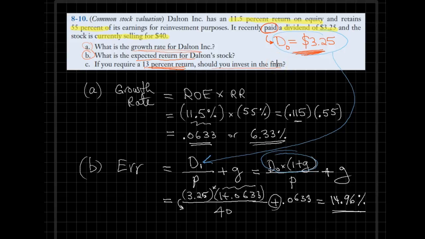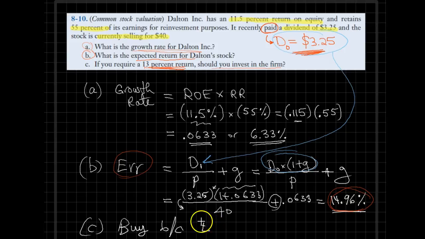Well, because the expected rate of return of almost 15% exceeds the 13% required rate of return, we can confidently say in part C that the decision is buy, because the expected rate of return exceeds the required rate of return of the investor. And that would complete our solution, and we are done.